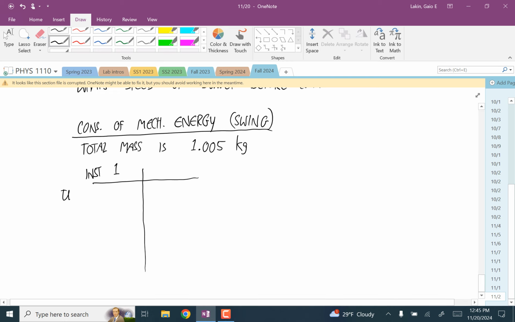So the gravitational potential energy right after the bullet's lodged into the mass is the total mass, 1.005, times 9.81 times 0, so this is just equal to 0.